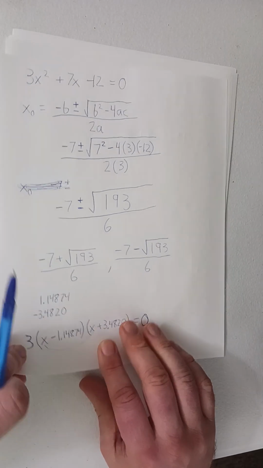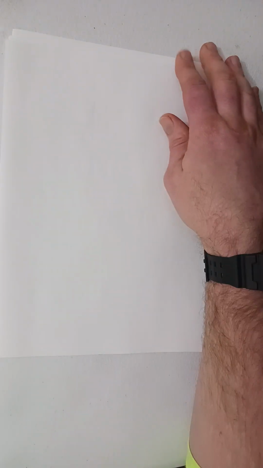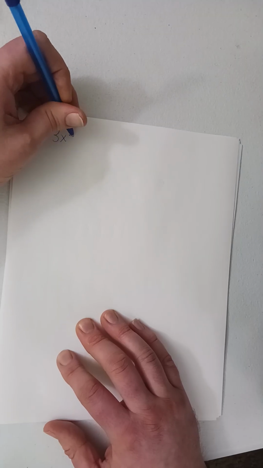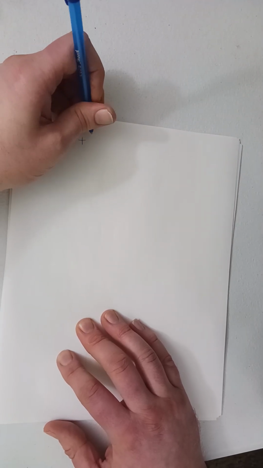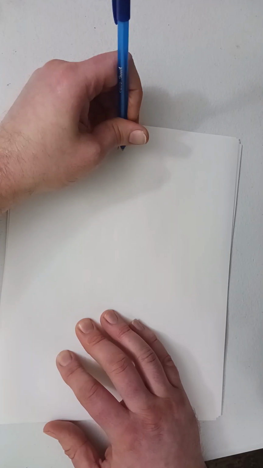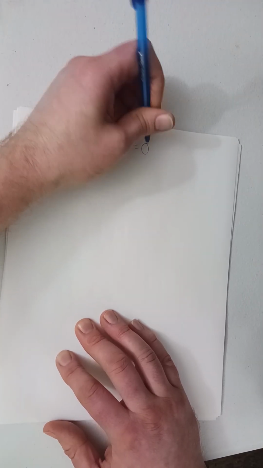Now I'm going to show you, using that same one, that you can complete the square, and it does look like the quadratic formula. So 3x squared plus 7x minus 12 equals 0.